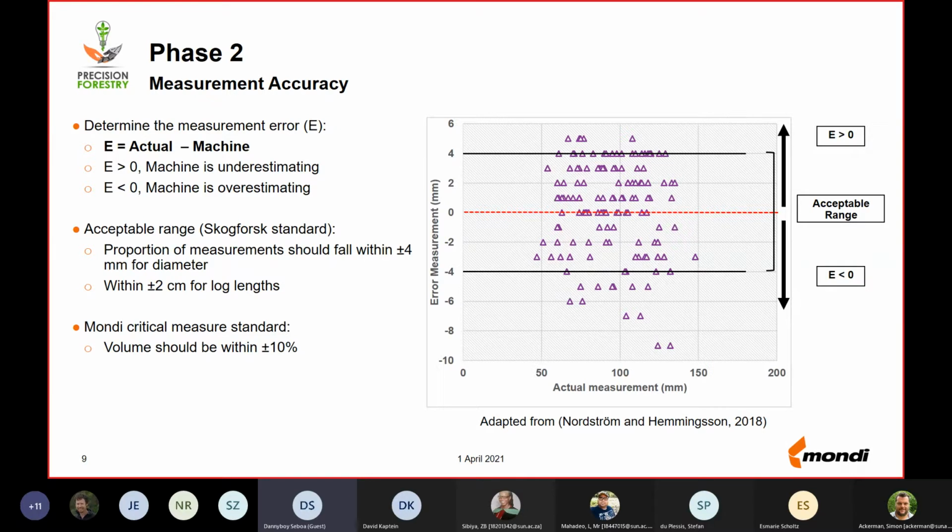Everything within the range of 4 and -4 millimeters is regarded as acceptable. All the points that are greater than 0 are where your machine is underestimating, and all the points less than 0 are where your machine is overestimating.